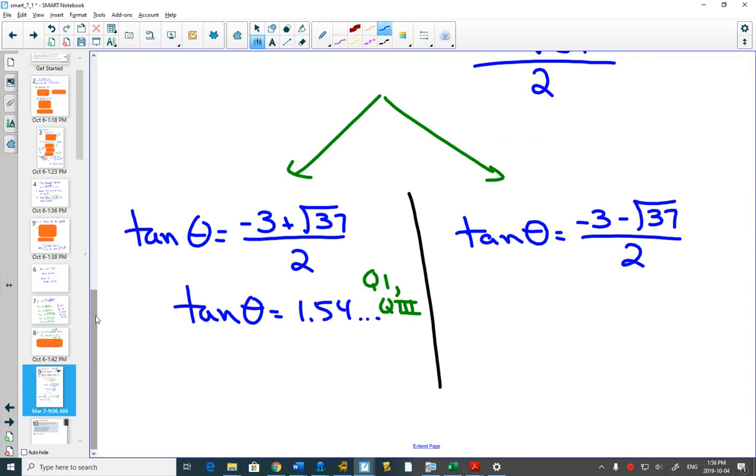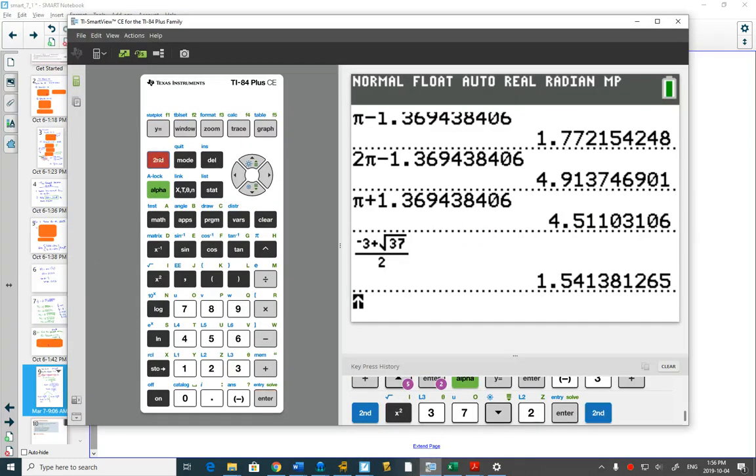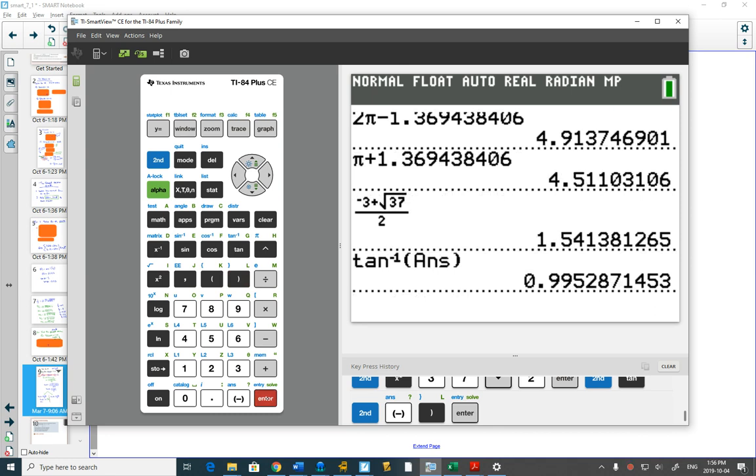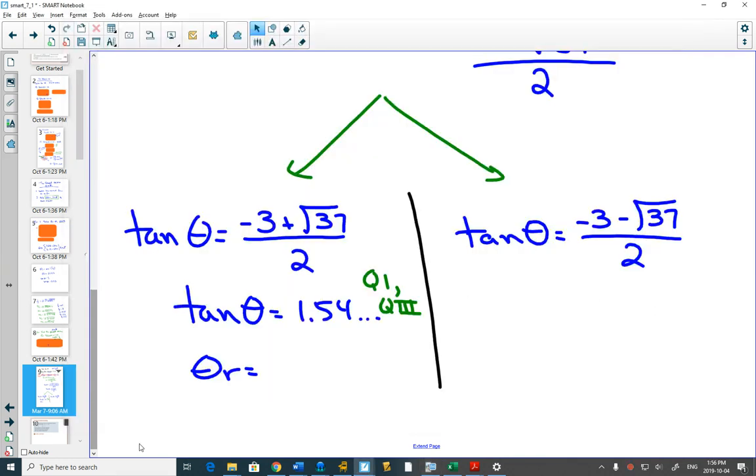I can find my reference angle. Okay, go to my calculator, go tan inverse of that answer, and I can find my reference angle is 0.995.